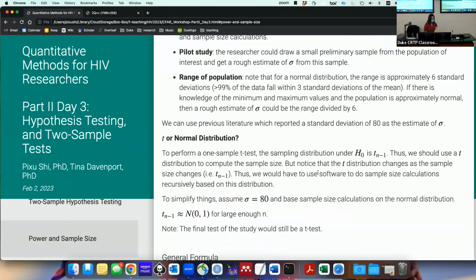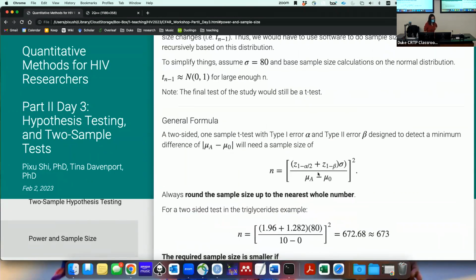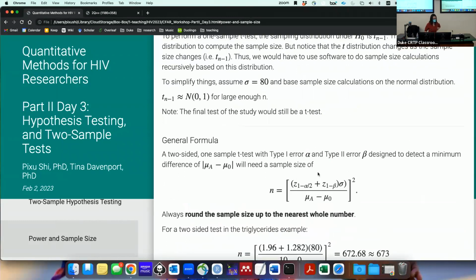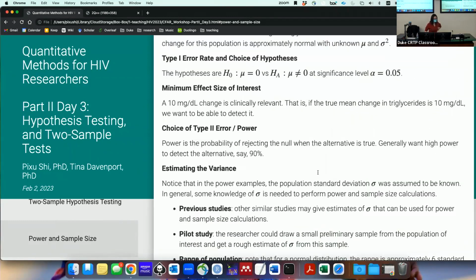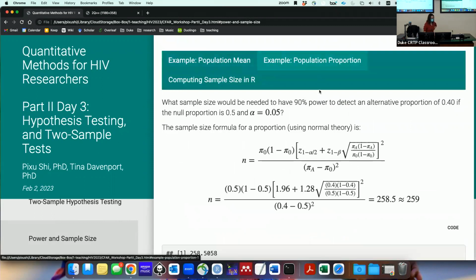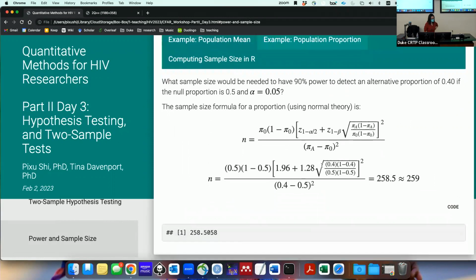And this is for one sample T test. And we also have the one sample proportion test. The sample size calculation also has all of the factors that we mentioned earlier: type 1 error, type 2 error, and the effect size, which is reflected in the difference between null and alternative.